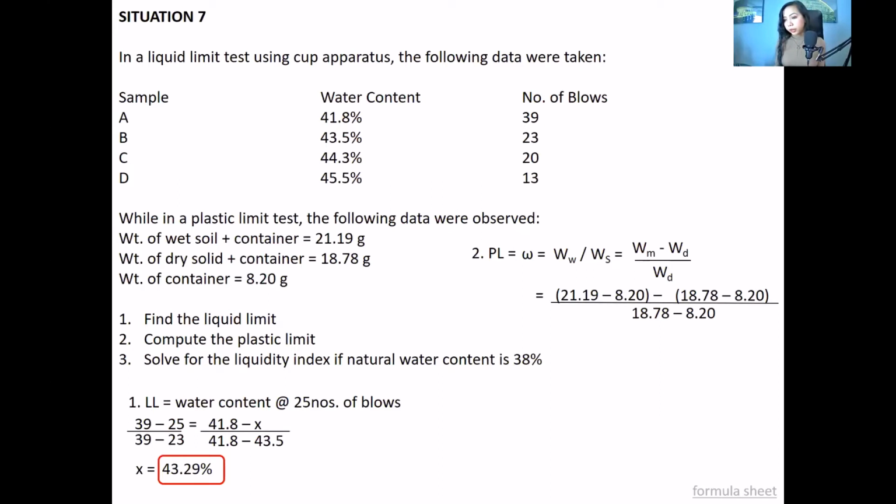Again, 21.19 minus 8.2 minus 18.78 minus 8.2 over 18.78 minus 8.2. Okay, mali ang aking PowerPoint. I've written here 20.47%.